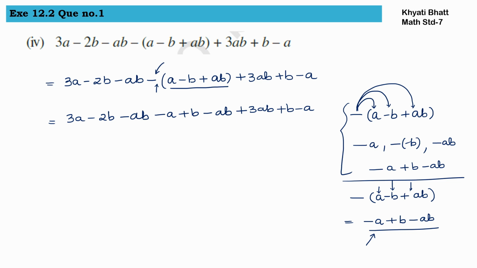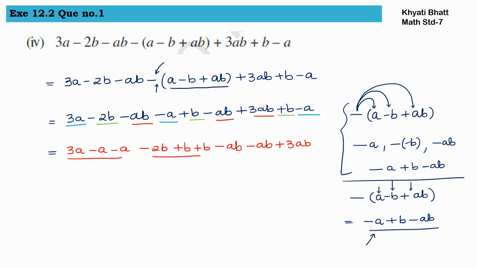Now let us combine the like terms. So a is here 3a, then minus a, then minus a. Minus 2b, b and plus b, ab and ab. Now let us combine them. Now let us solve this 3 and this 3.